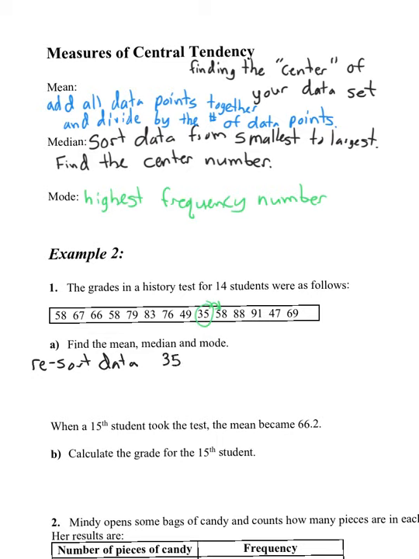35, 47 goes first, 49, and then in the 50s I got 1, 2, 3 58s.